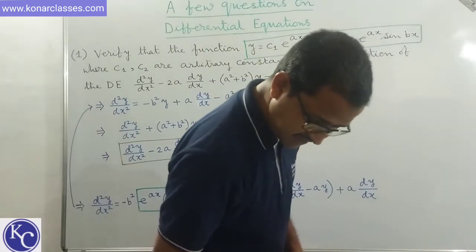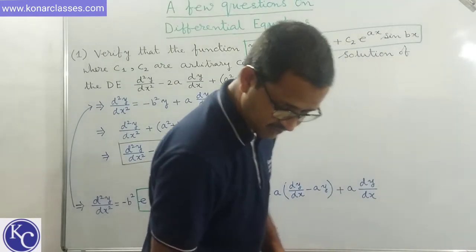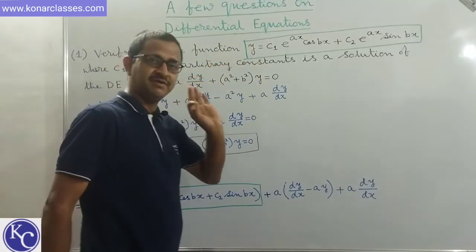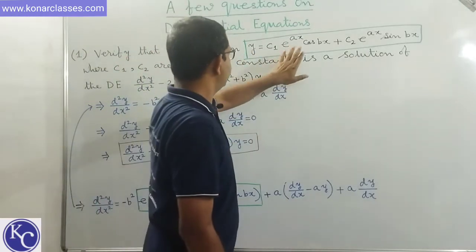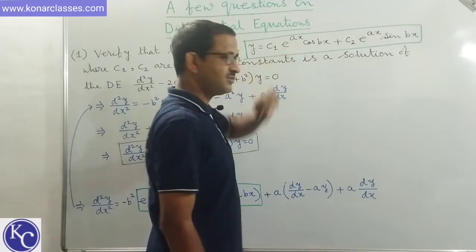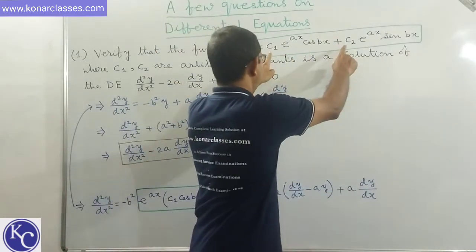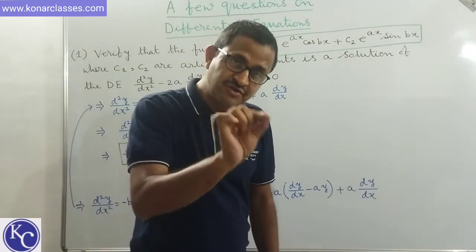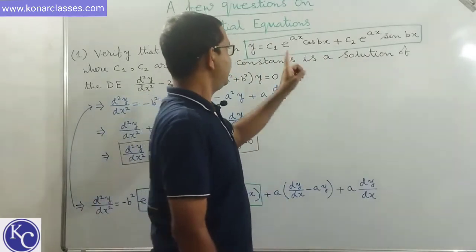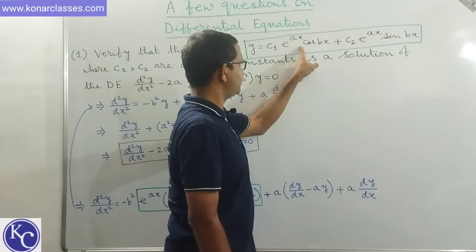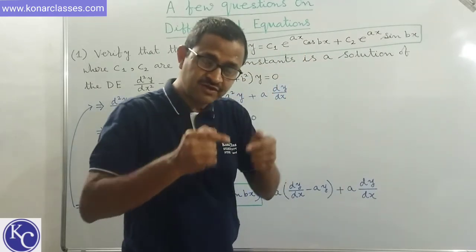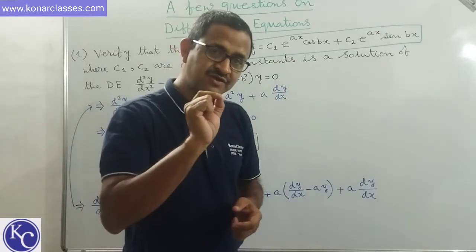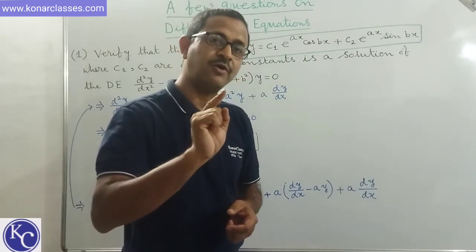Before we proceed to the next question, I would like to tell you a couple of points. Think about this particular function that has been given. It is a general solution, as it has arbitrary constants c1 and c2. Now if the question is changed a little, that the general solution of a differential equation is this and you need to form the differential equation, one thing you are pretty sure of: the corresponding differential equation is going to have order 2.